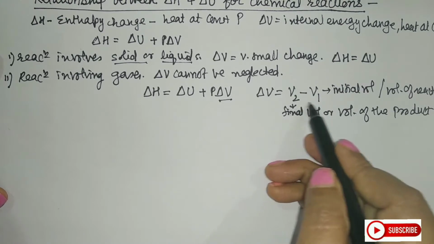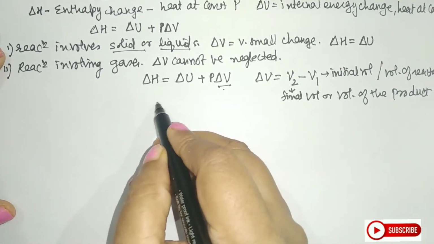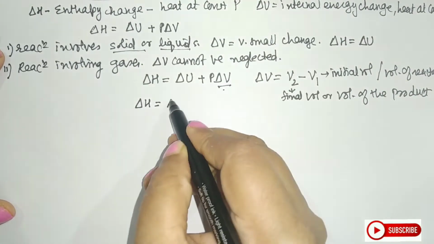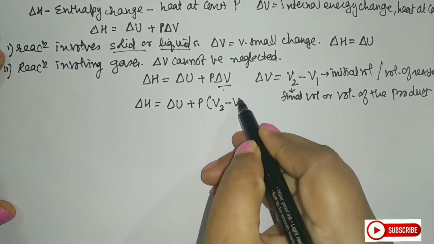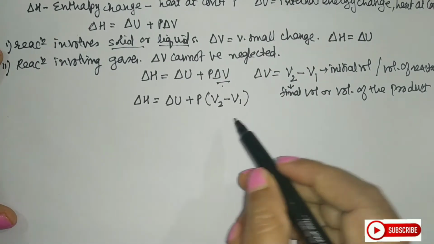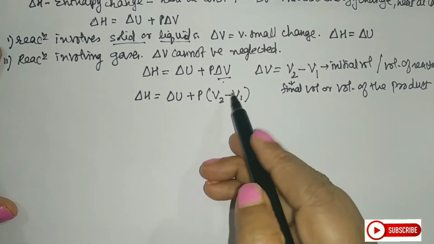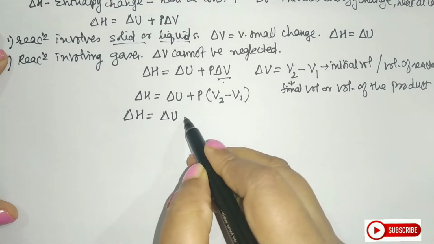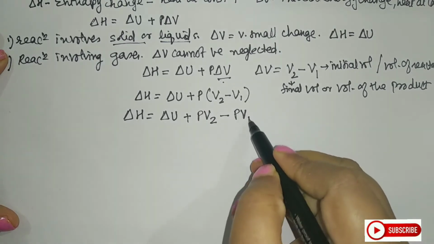Let us substitute this value in place of delta V and let us see what you get. So delta H is equal to delta U plus P times V2 minus V1. Now I can multiply this to this and this to this. Let us see what you get. So delta H is equal to delta U plus PV2 minus PV1.